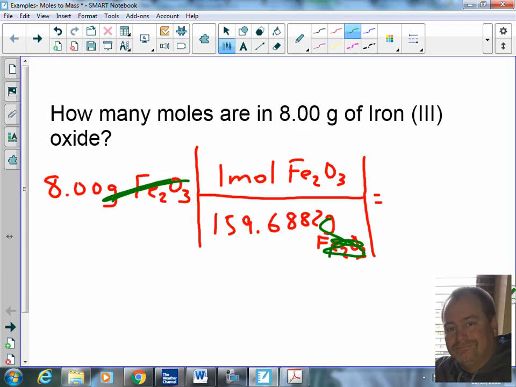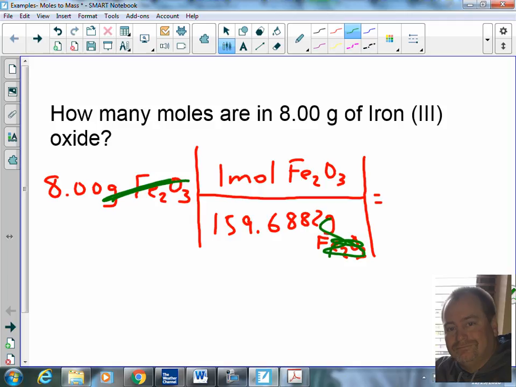Do I need to do that, though? And then what am I going to do? Divide. So, I take the 8.0 and divide it by 159.6882, and it gives me a value. How many significant digits do I need? 3.